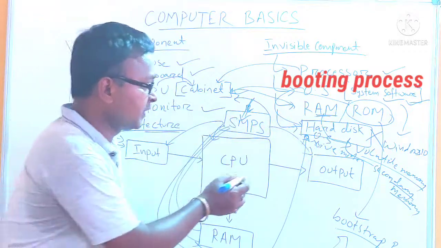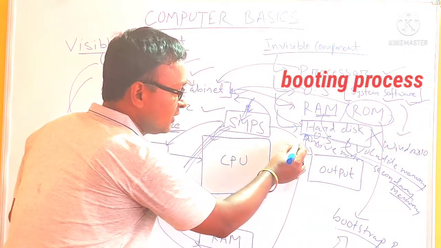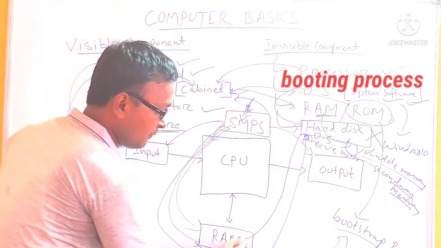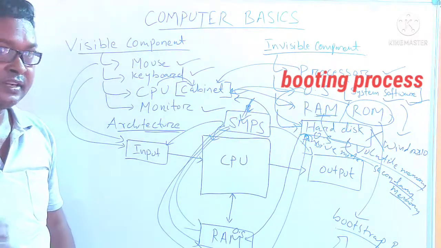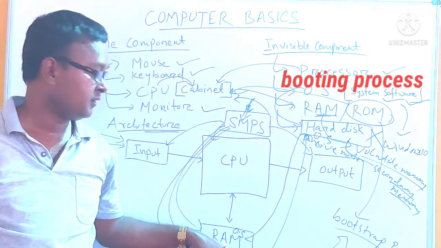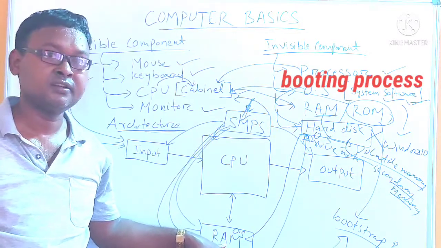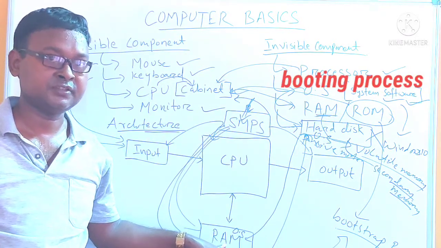When the operating system is run, that means activated, it comes to the RAM. Your operating system has to be stored in the RAM. That's why I said from the beginning that RAM, the random access memory, is a very important component of your computer system.